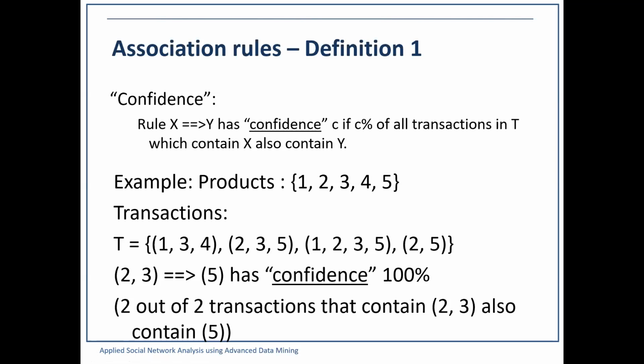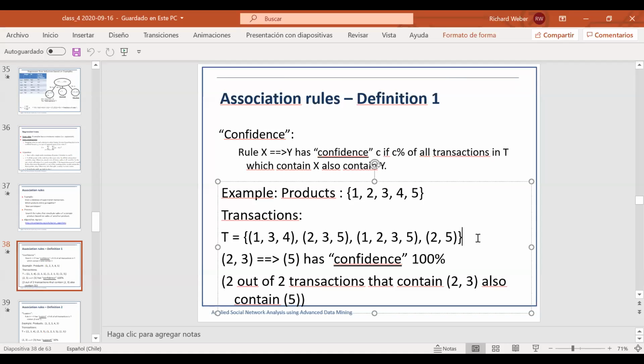Yeah, if we had, for example, let me put it right here, another transaction 2, 3, and 4, it's not the case, but if that would be another transaction in our database, the rule would apply, but it would give a wrong result. If that would be my set of transactions, what would be the confidence of the rule 2, 3 implies 5?